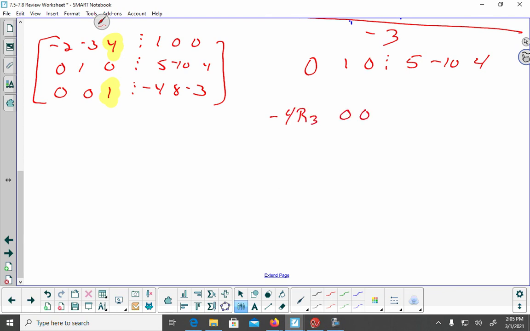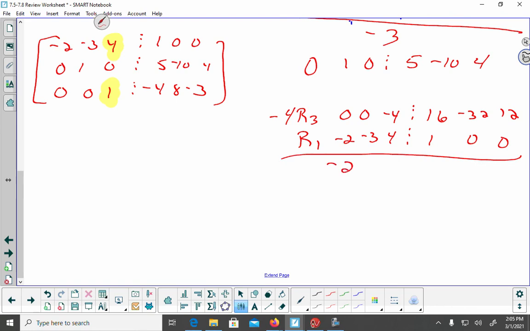So 0, 0, negative 4, positive 16, negative 32, positive 12. And row 1 is negative 2, negative 3, positive 4, and 1, 0, 0. And when I add, I get negative 2, negative 3, 0, 17, negative 32, and 12.